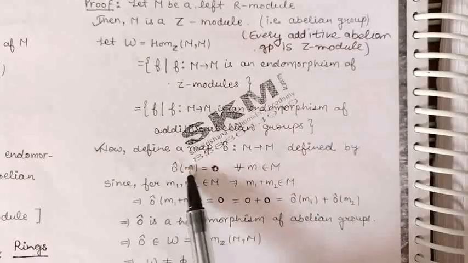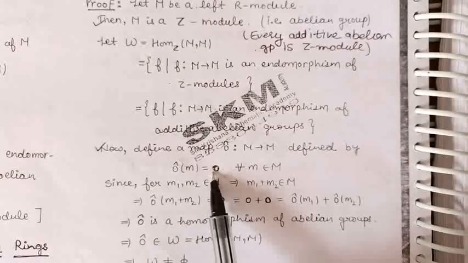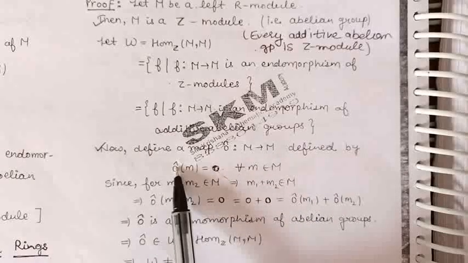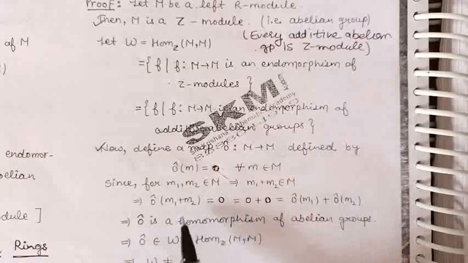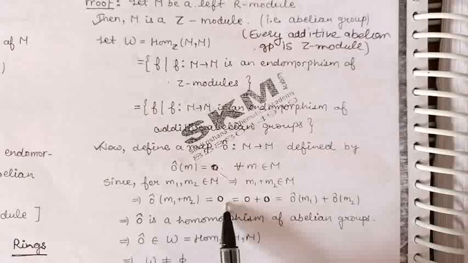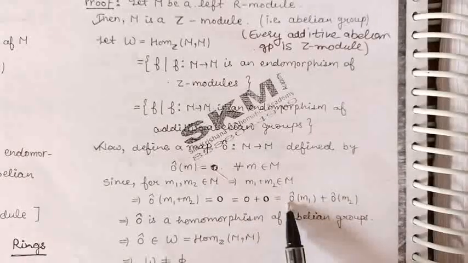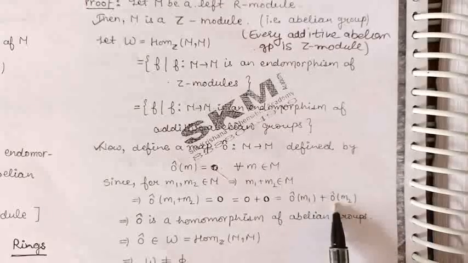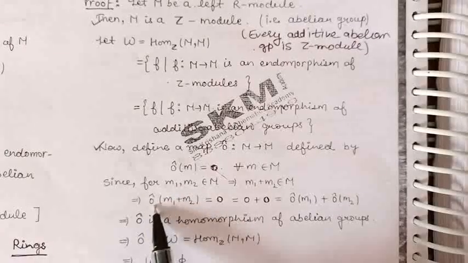The image of m under this mapping we have defined as the zero element of M. Now we can easily show that this mapping is a homomorphism of abelian groups, because if we take two elements m1 and m2 belonging to M, then the image of m1 plus m2 under this mapping is 0, which can further be written as the image of m1 under the zero mapping plus the image of m2 under the zero mapping. This means this mapping is a homomorphism of abelian groups.